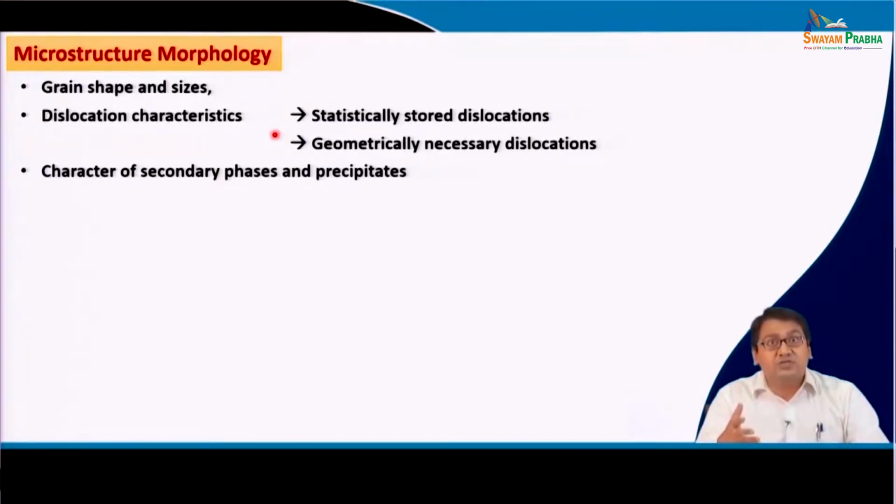The presence of geometrically necessary dislocations could be understood. The character of the secondary phases and the precipitates present are also important while characterizing the microstructural morphology.